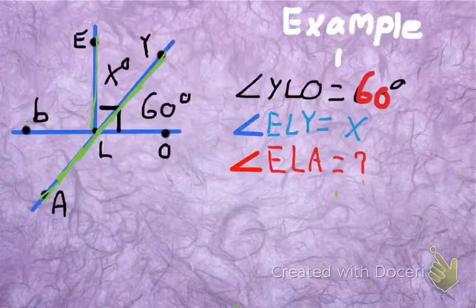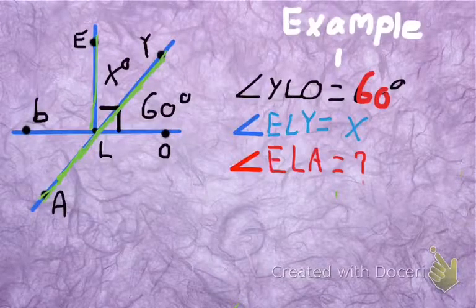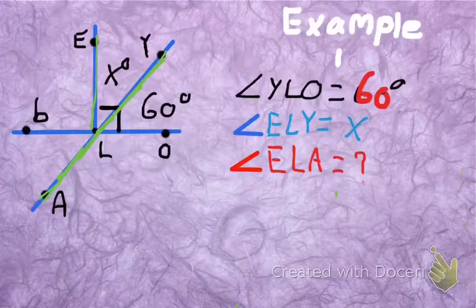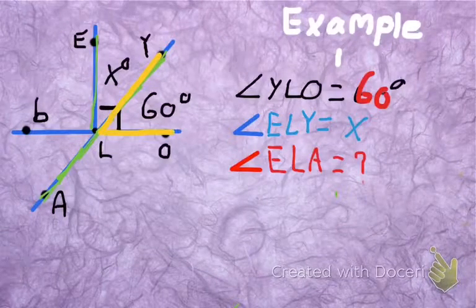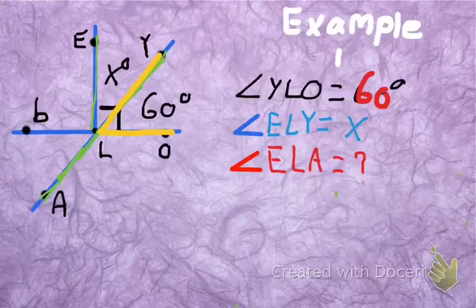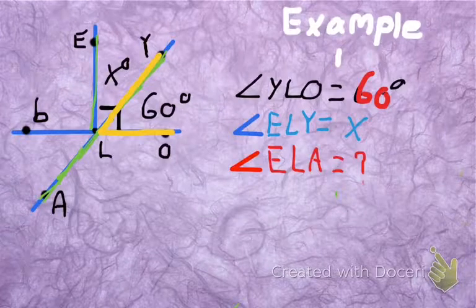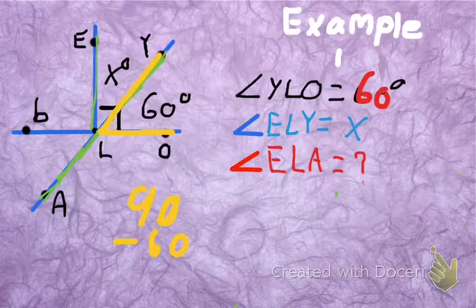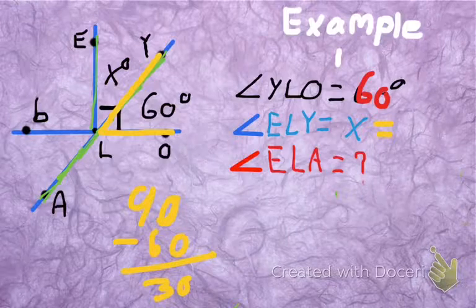Next we have an example, and this is pretty easy. Angle YLO, which is this, equals 60 degrees, and you know that this is complementary. So what you do is you subtract 90 minus 60, and that gives you 30. So you know that ELY, or X, equals 30 degrees.